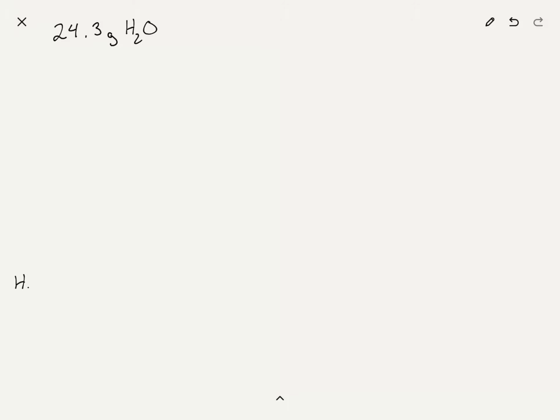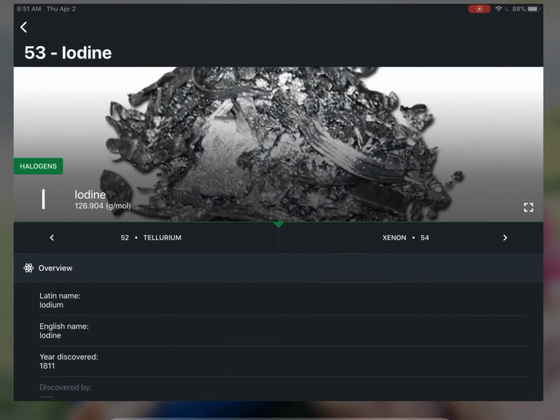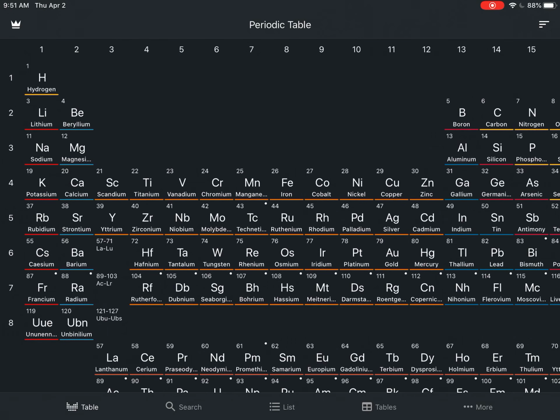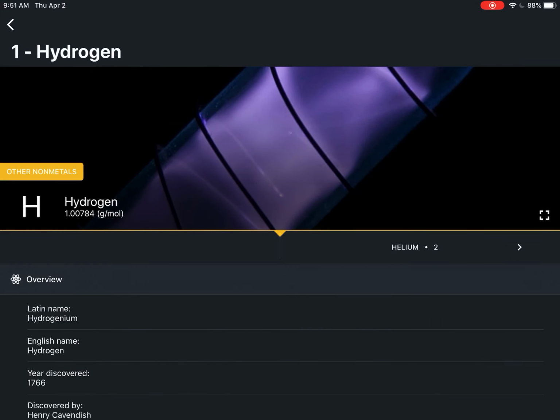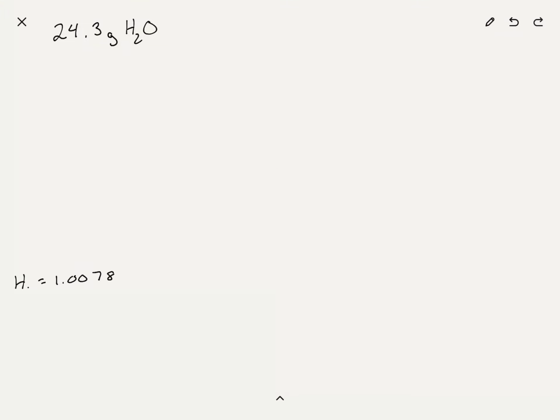So what we need to do is find our molar mass of water. So H, 1.00794, I believe. Let me look. Oh, 1.00784, way off. Oxygen, 15.9994.